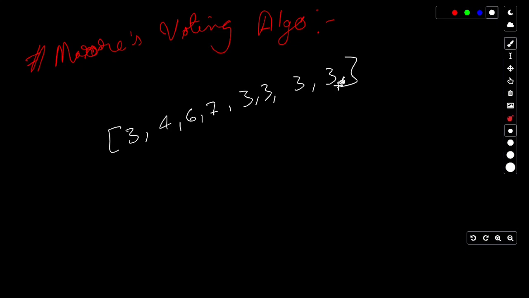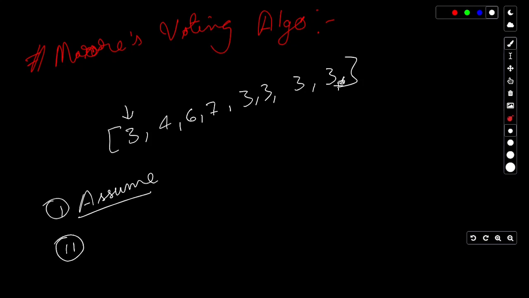We will take this kind of array. Now what we are going to do is take an element. The first step within this algorithm is to assume that the element that you are iterating through is the majority element.